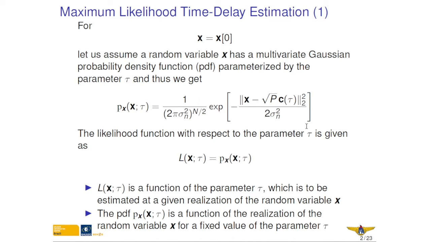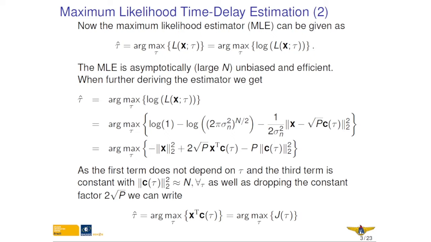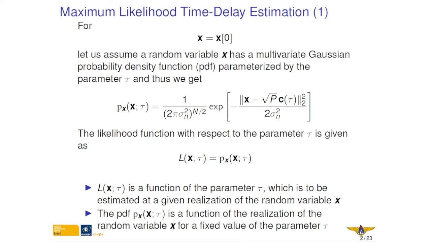So we consider only one period. And when we do that, we can give the probability density function parameterized by the parameter tau, so the time delay, as given here in the center, which is a Gaussian normal distribution.